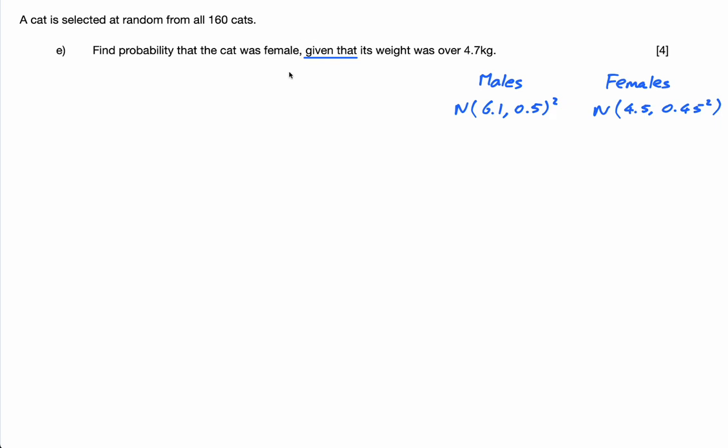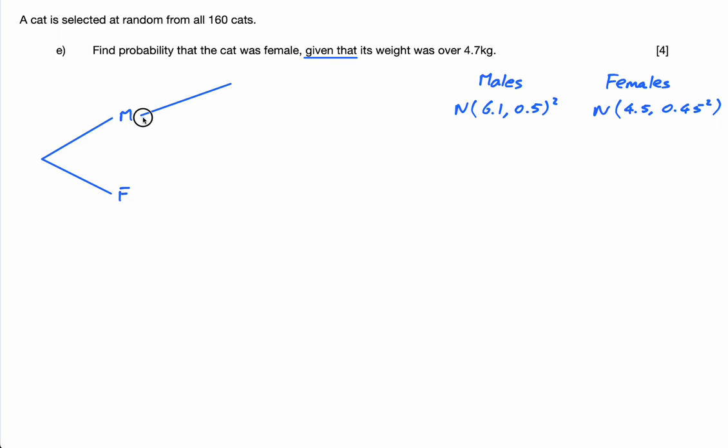Now, you could do this without a tree diagram, but I think I'm going to use a tree diagram to help explain it, and there's certainly no problem using a tree diagram in your exam. In fact, go for it. It might help, and you get marks for it.